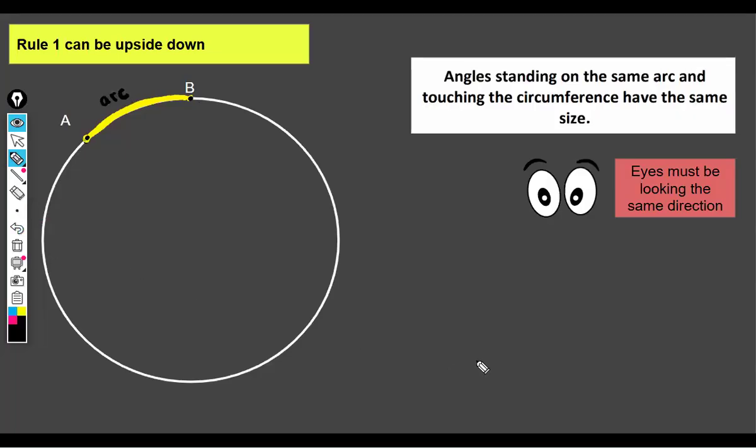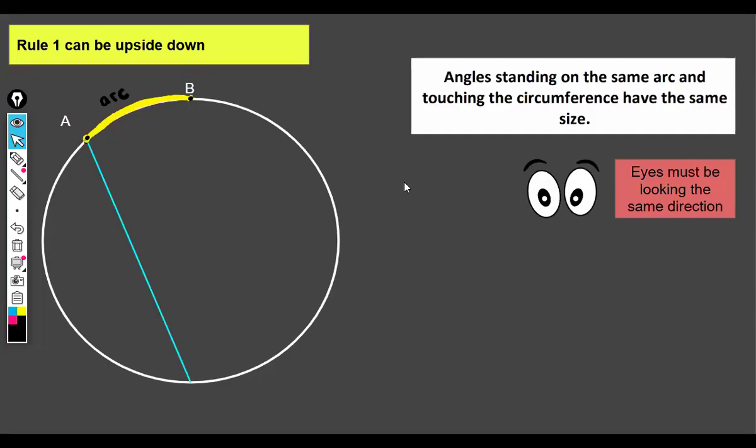So here's what we're going to do now. The beginning of this arc is point A, and the end of the arc is B. Rule 1 states that if a leg starts at the beginning of the arc, hits the circumference and bounces back to the end of the arc, then it's entitled to be called rule 1. So let's do that.